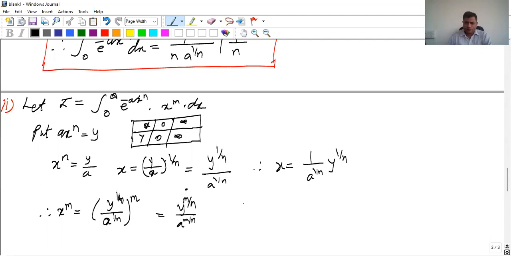Is that okay? Yes, sir. So we got x raised to m is equal to y raised to m by n upon a raised to m by n.